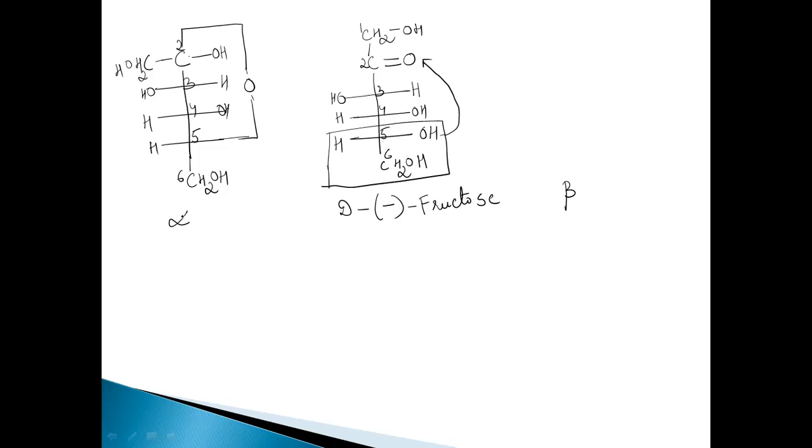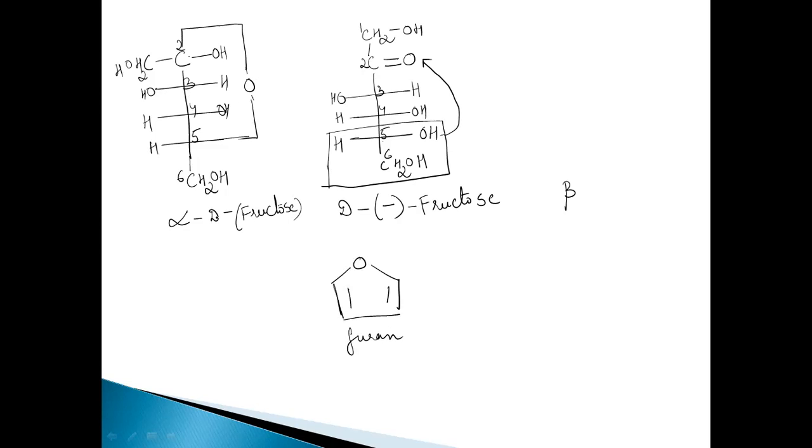This is a structure of alpha D fructose. So this is what? A 5-membered ring, 1, 2, 3, 4, and 5 with 1 oxygen atom and 4 carbon atoms. So this is in analogy with what? Furan. That is why we can call them fructofuranose also. This is an analogy with furan.